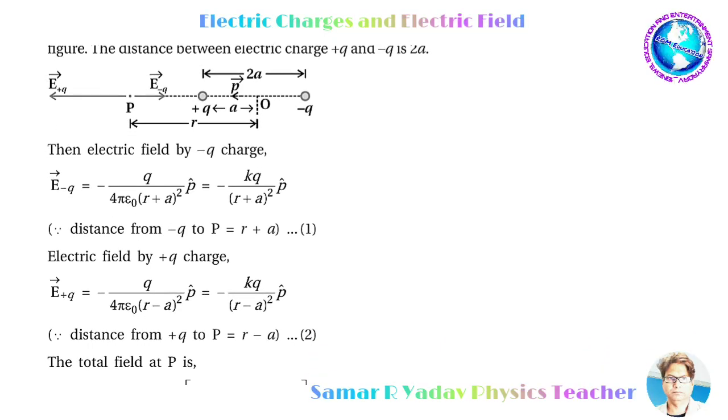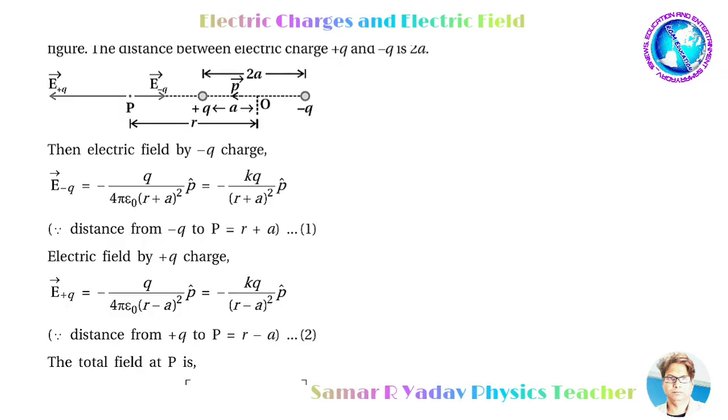Now the electric field by plus q charge, that is electric field E for plus q, is equal to q upon 4 pi epsilon 0 (r minus a) whole square into unit vector p, is equal to kq upon (r minus a) whole square into unit vector p. The distance from plus q to P is equal to r minus a, that is equation number 2.